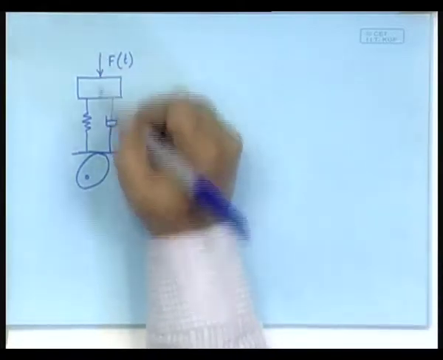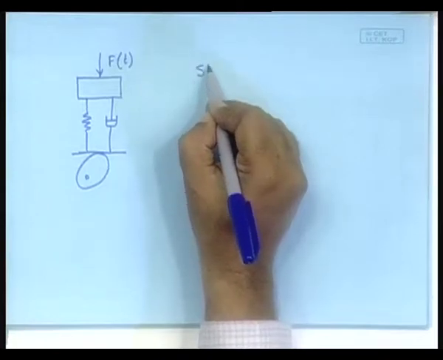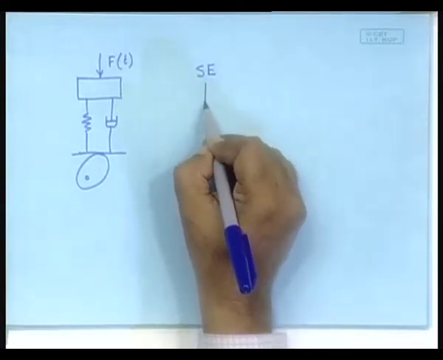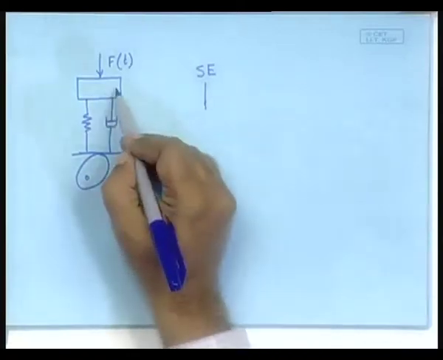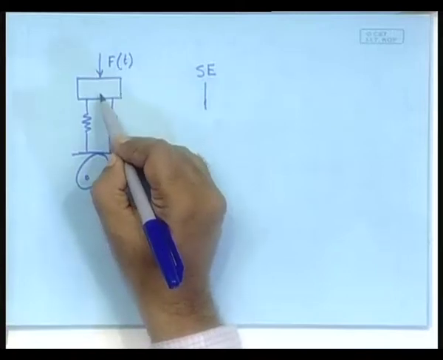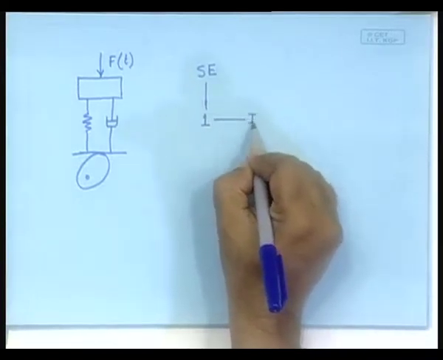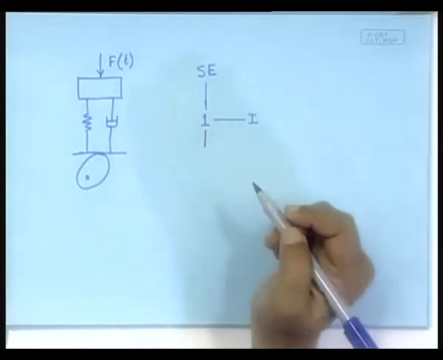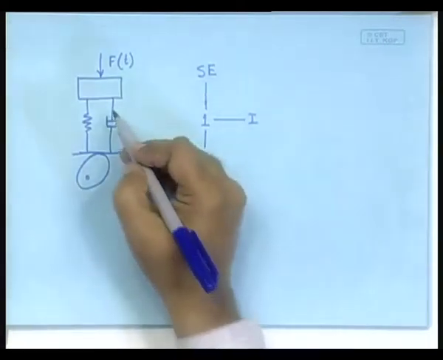Let us start from the top. We will say that here we have an SE element. Now, the SE element Ft shares the same flow with the mass, therefore, it should be a 1 junction connected to the I element and to the rest of the system. Now, what is the rest of the system?